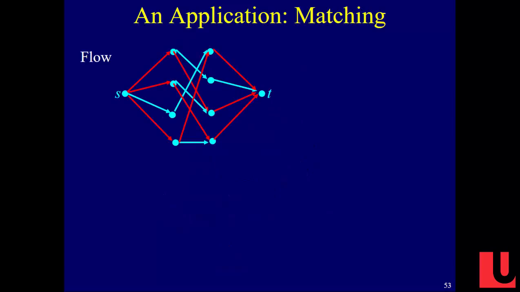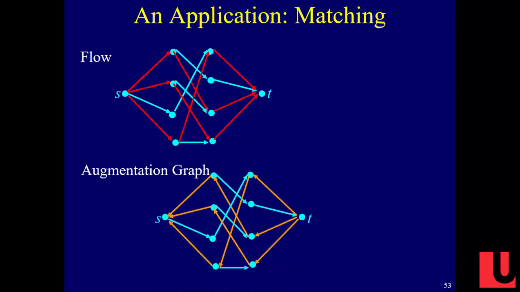So if we currently have 3 matches and we form the augmentation graph, I guess the red is where we've matched. Right, so here we put flow there, we put flow there, we put flow there. We've matched those people, right? And the blue is where we don't have matches.